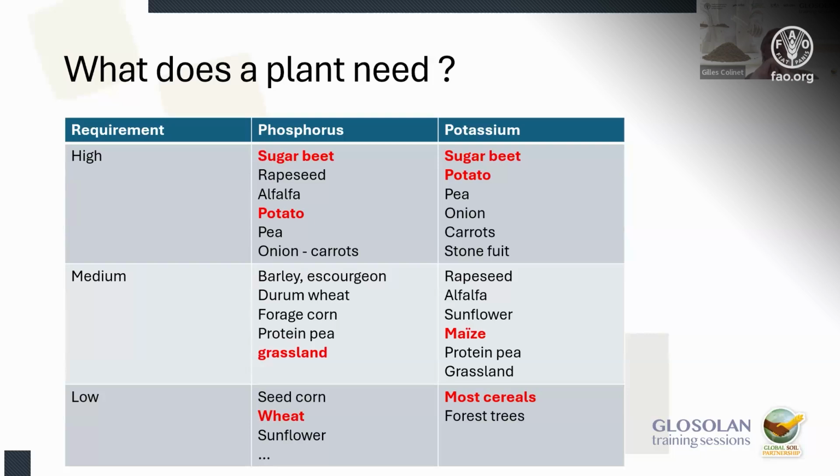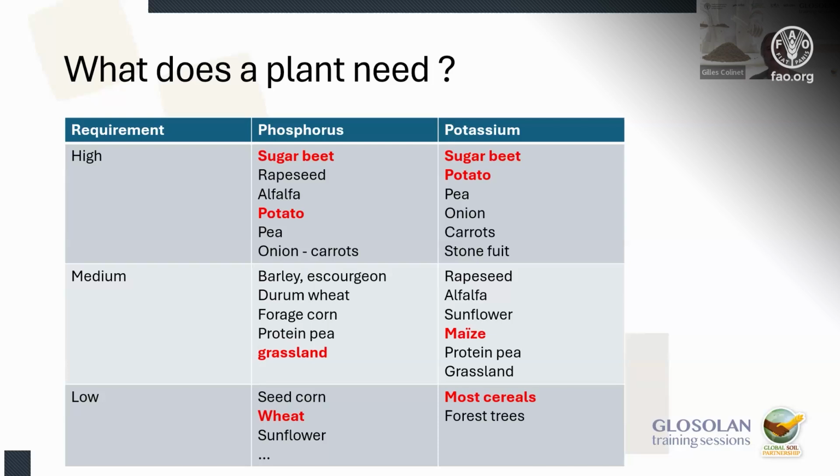Also, potato is recognized as a very high demanding crop regarding phosphorus and potassium. Others, such as the cereals, are mostly low in requirement for potassium and medium for phosphorus.